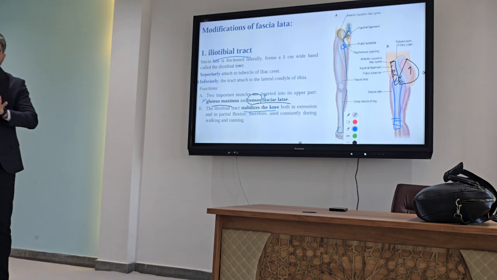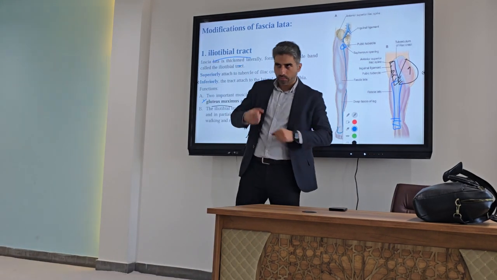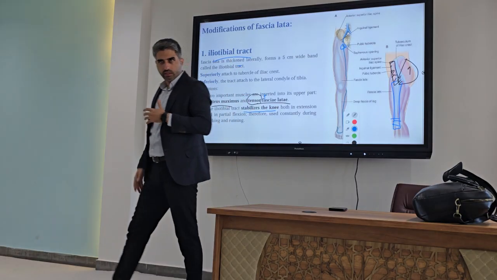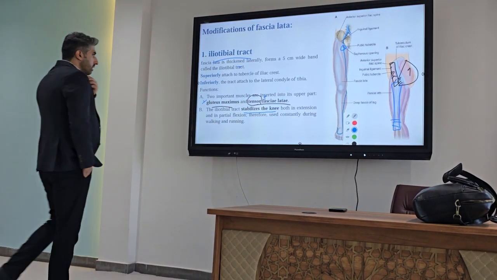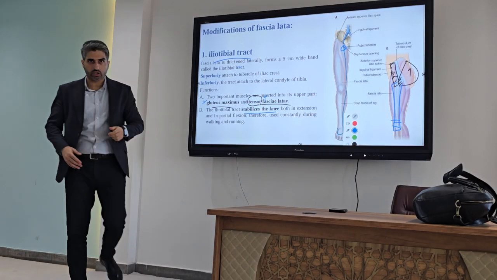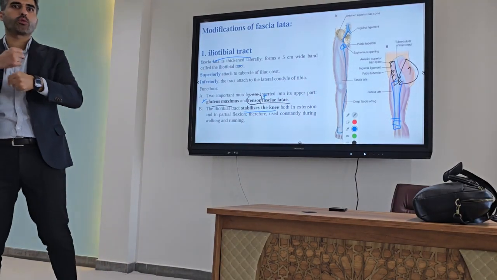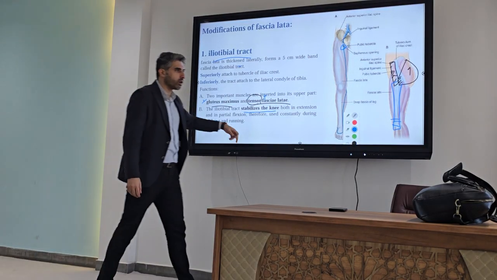What do you say in Arabic for stable? Make it stable, fix. Stabilize the knee joint during extension and flexion. This tract constantly protects the knee joint during walking and running.